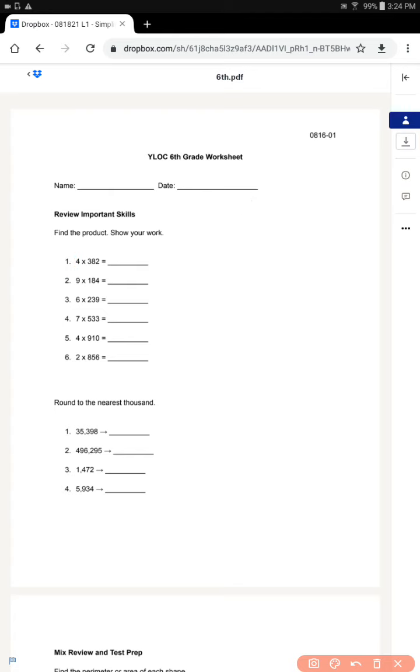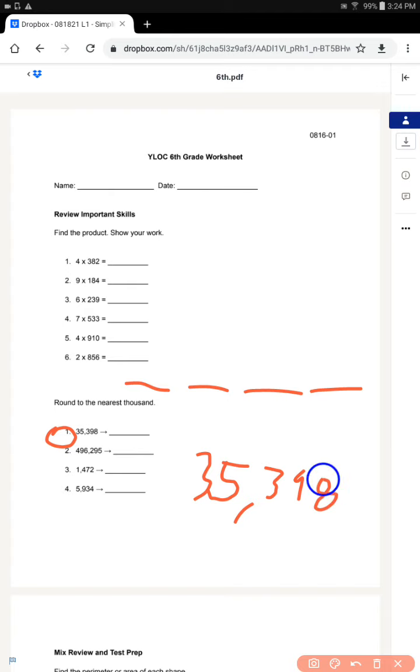Alright, now we're rounding to the nearest thousands. So this would be the ones place, the tens place, the hundreds place, and the fourth spot is the thousands place. So for example, let's just do number 1 again. 35,398. So this would be the thousands place, and we're rounding to the nearest thousand.